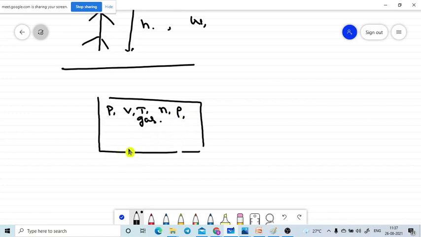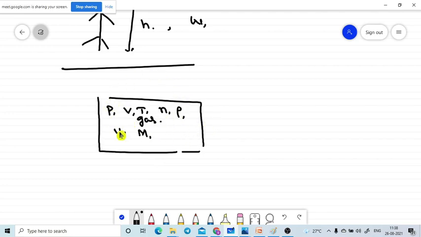We need different parameters, the internal energy of the gas, the mass of the gas, like that. These are only examples. These quantities are called thermodynamic variables.